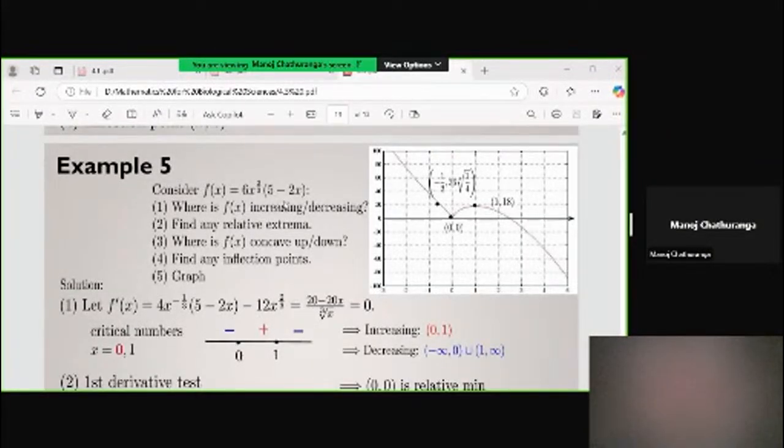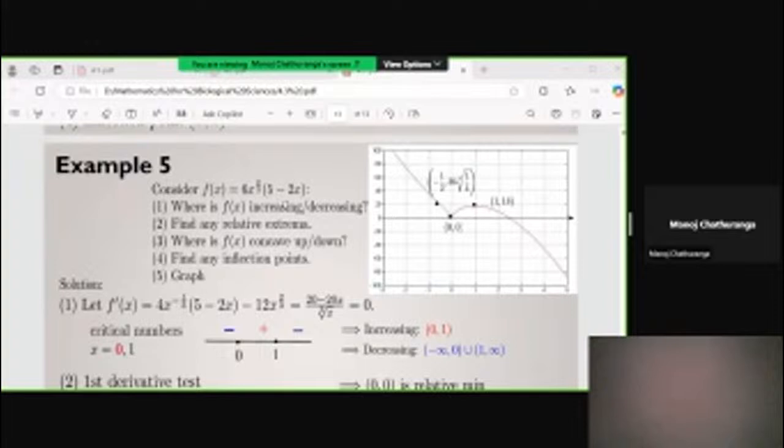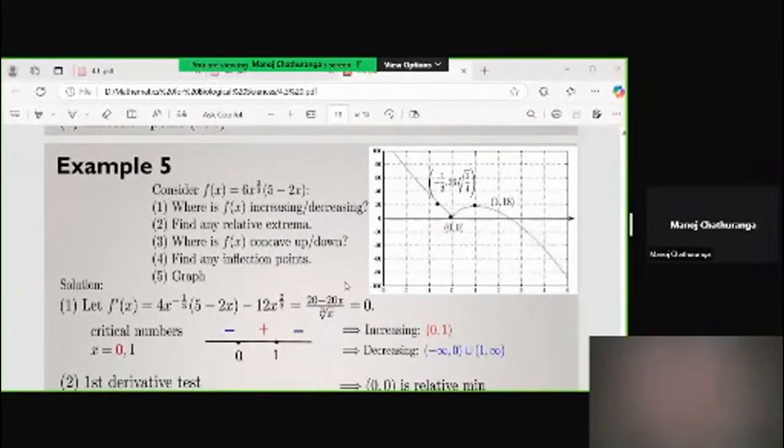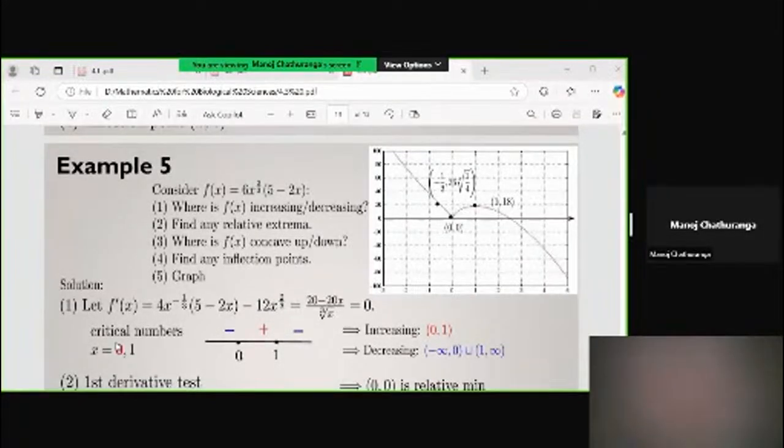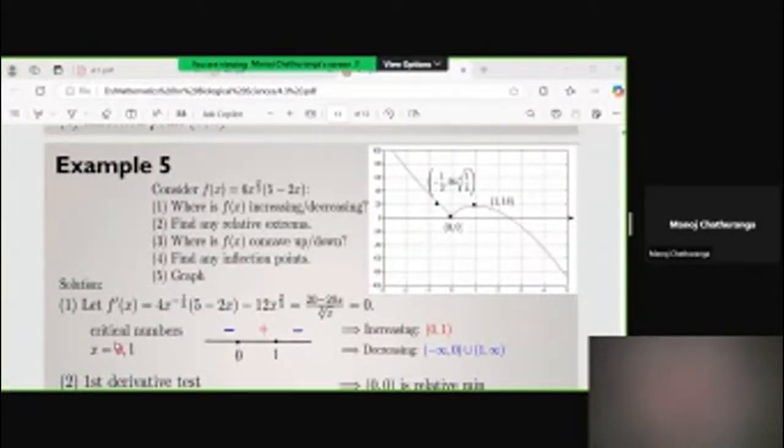Here we have two critical numbers, 0 and 1. Among those two, 0 is quite different because at 0 the derivative is undefined. That means at 0, the tangent line would be vertical, not horizontal.